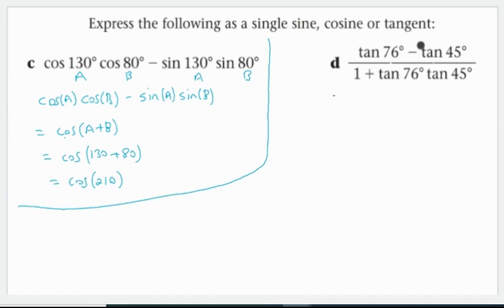This one, tan 76 minus tan 45 over 1 plus tan 76 tan 45.